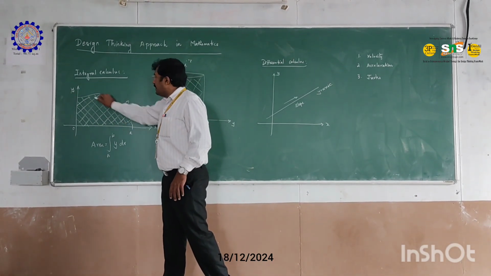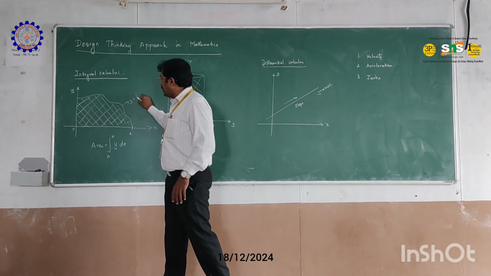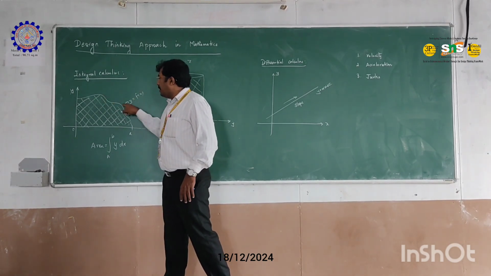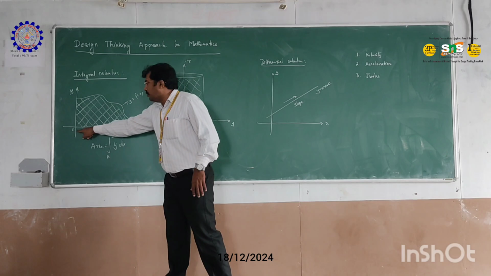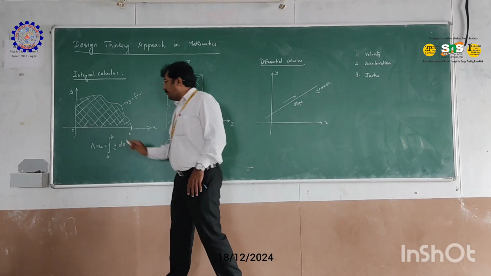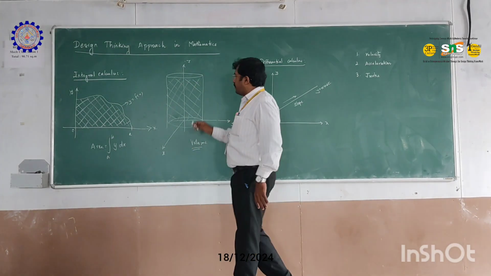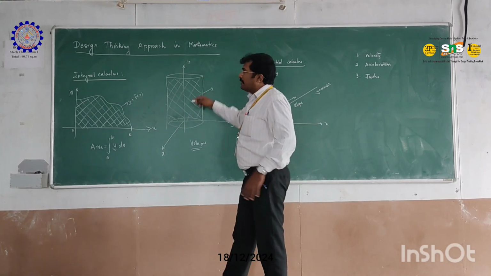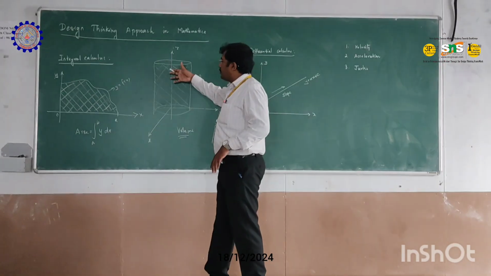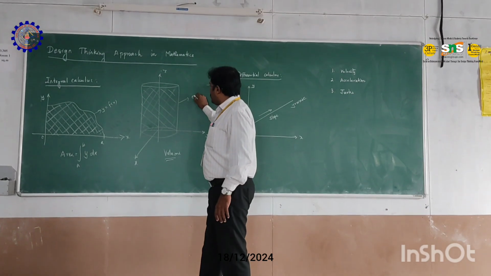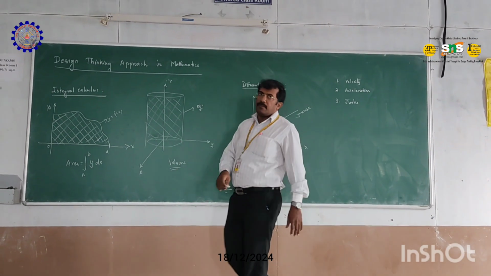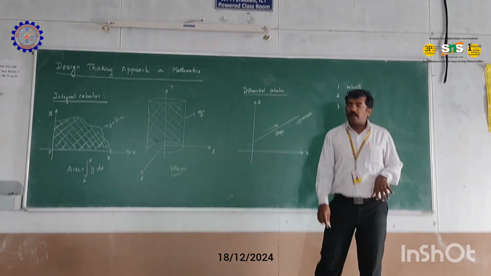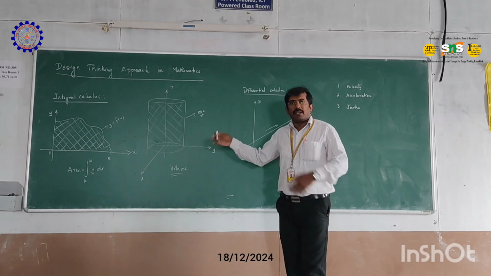We need the equation of the curve. By knowing the equation of the curve and the range, you can find the area. Similarly, if it is a cylinder, which might have some extra inputs, if you know the equation of the cylinder along with the dimensions, we can find the volume of the cylinder or whatever the structure may be.